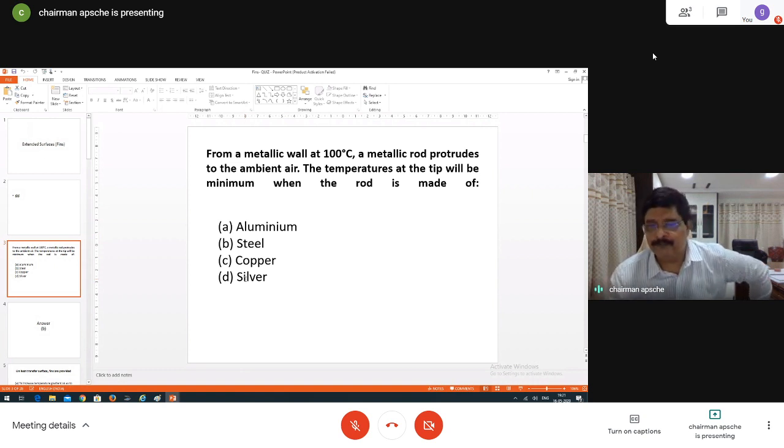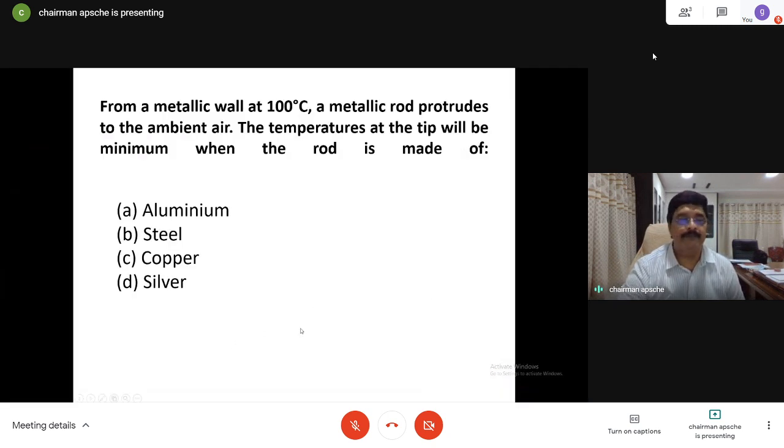So the lower thermal conductivity material among all four will have minimum temperature at the tip. Silver has the highest thermal conductivity, then copper, then aluminum, and steel has the lowest. So when you use steel, the tip temperature will be less.